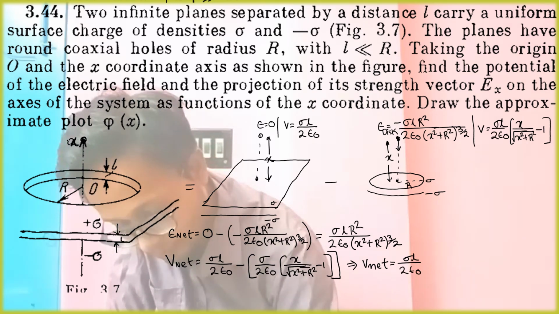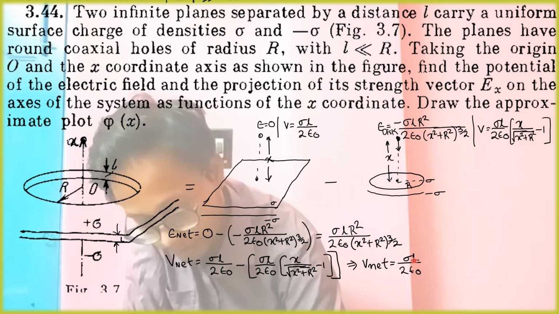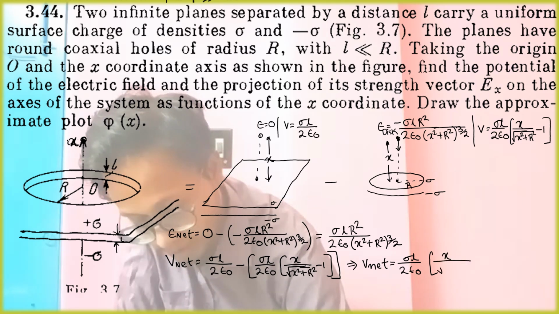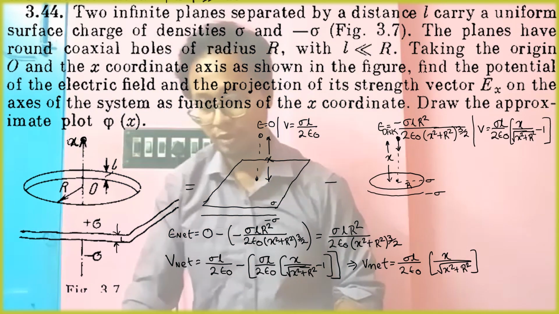So this sigma L by 2 epsilon naught and this minus 1 into sigma L by 2 epsilon naught would cancel out each other. So we'll be left with sigma L by 2 epsilon naught into x by under root of x square plus r square. So this was the problem of 3.4.